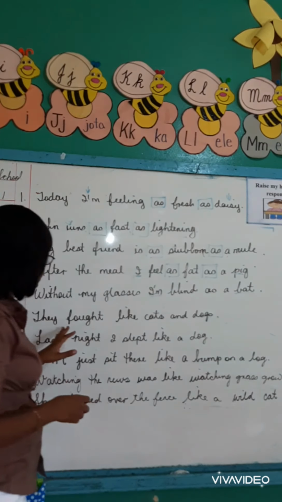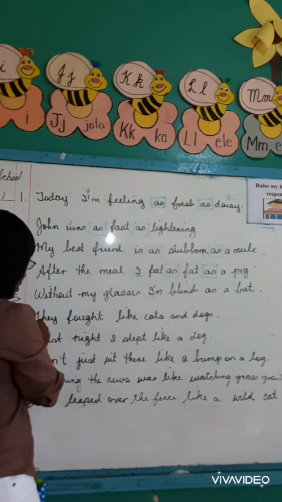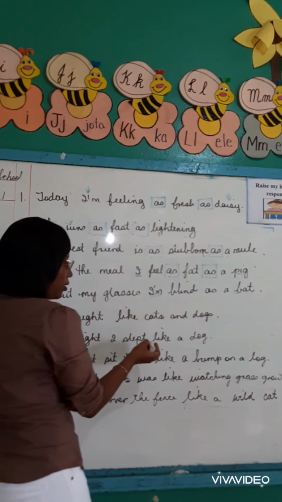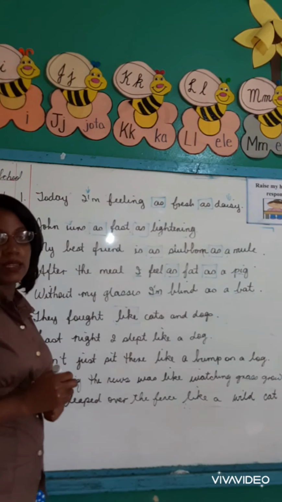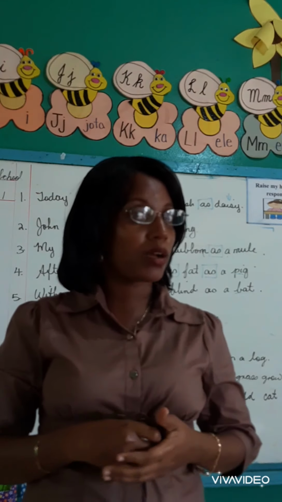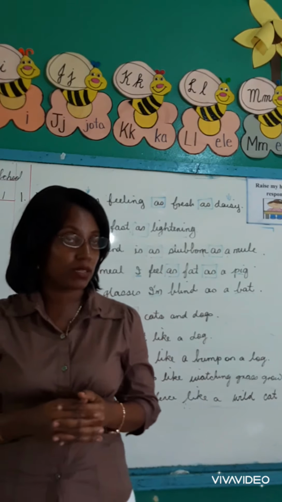All right, the other one is, they fought like cats and dogs. So they're comparing these persons, whoever they are, to cats and dogs. And they just use the word like. Cats and dogs, you know that usually dogs don't like cats and cats don't like dogs. So they will usually be fighting.